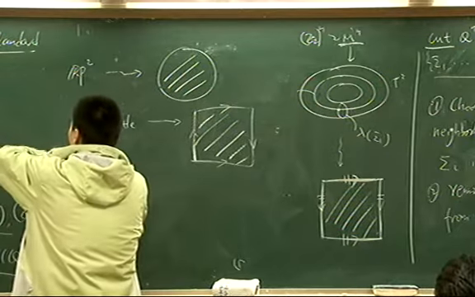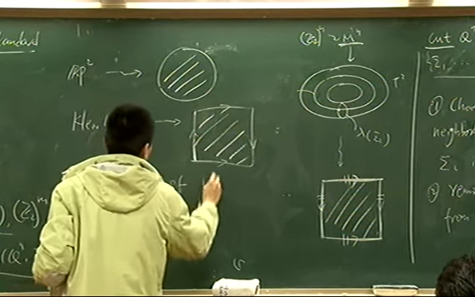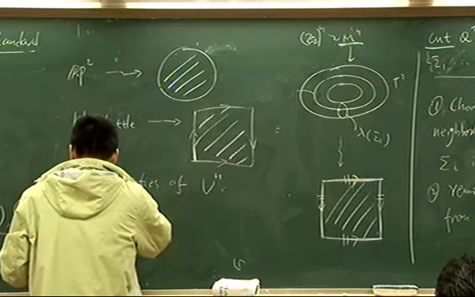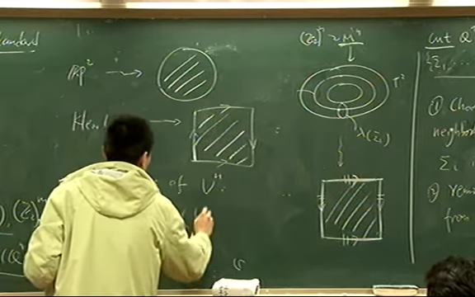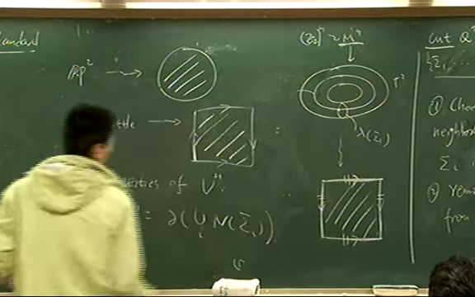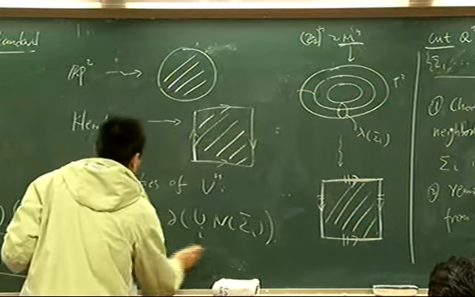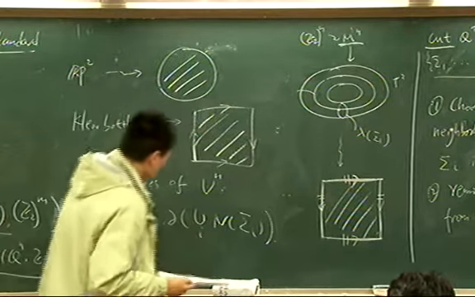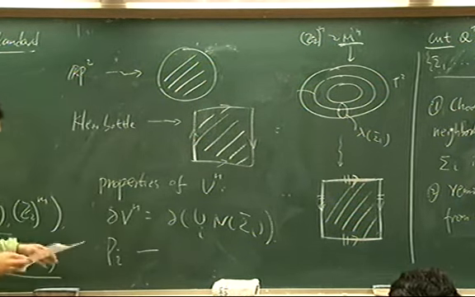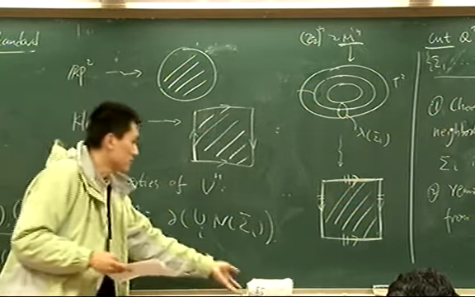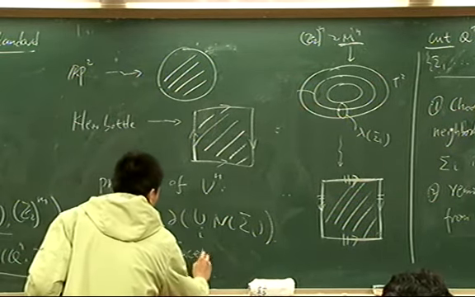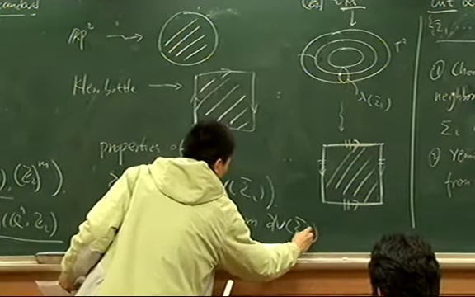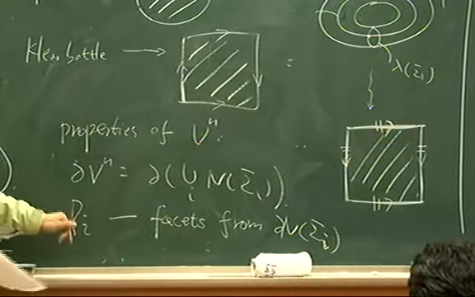The properties of Vn are these. The boundary of Vn is the boundary of the union of this neighborhood, and Vn has a panel structure, i.e. its boundary consists of some facets, and the facets come from the same cut section of the manifold, which I denote by Ki.